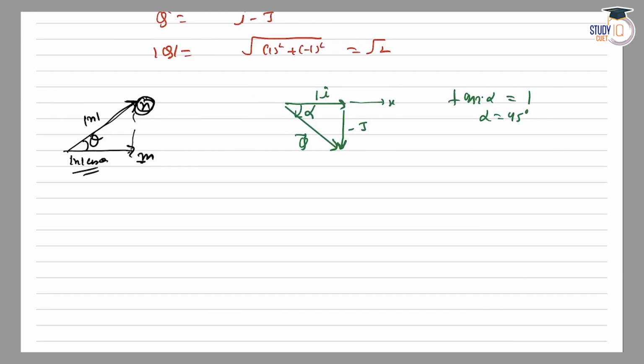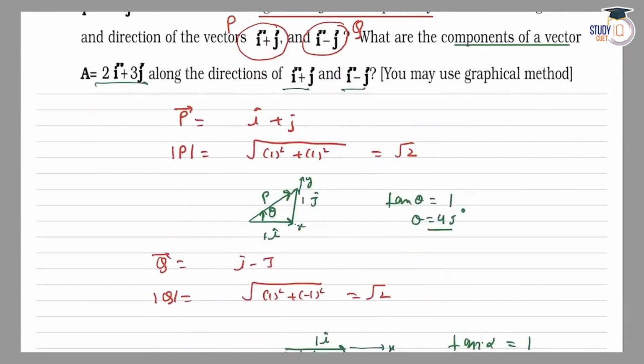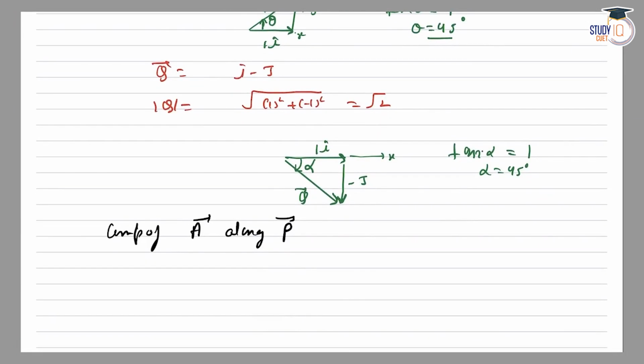So according to the given problem, we have to find the component of vector a along the p vector and the q vector. First, the component of vector a along vector p. Vector a is given as 2i plus 3j.